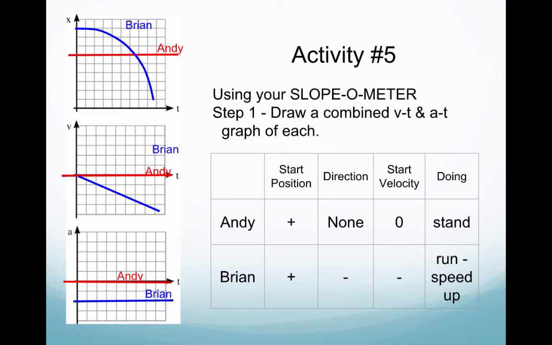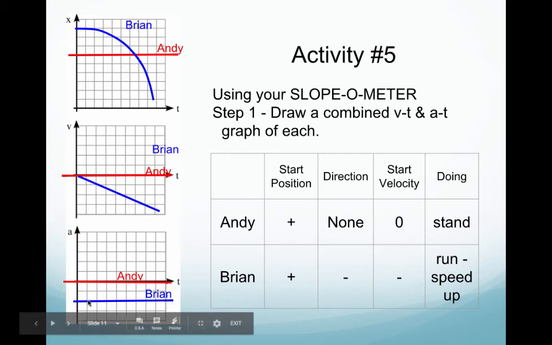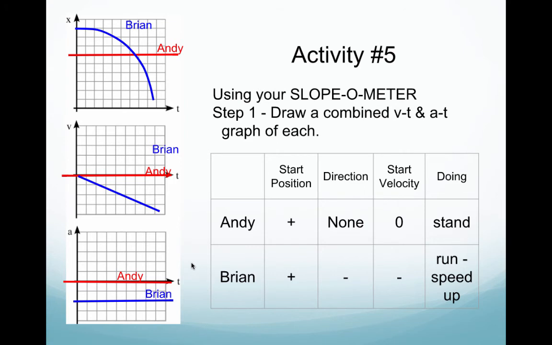Sorry about that typo. And he is running, speeding up. Brian is running, speeding up. And you can see their VT graphs. Brian went from 0 to negative, so we drew 0 to negative. And then Brian has a negative AT graph.